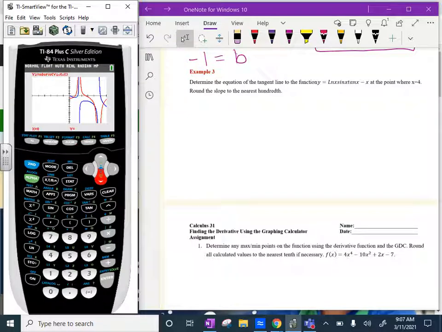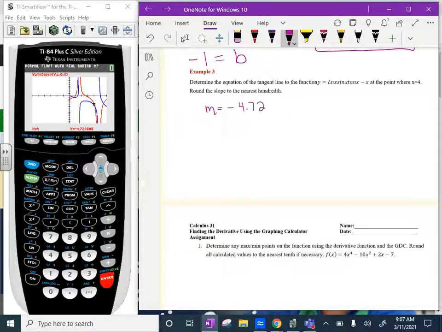So hit my arrow down and hit x equals 4. So my slope is negative 4.72. And remember, we can't get the exact value because it is an irrational answer.